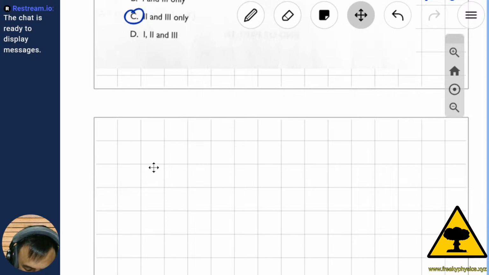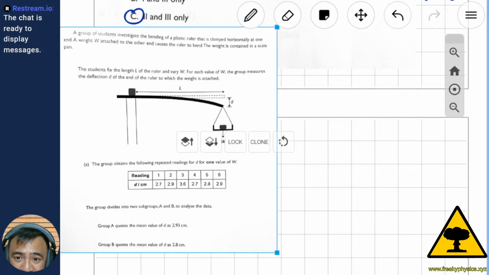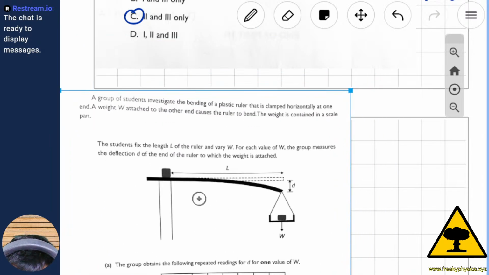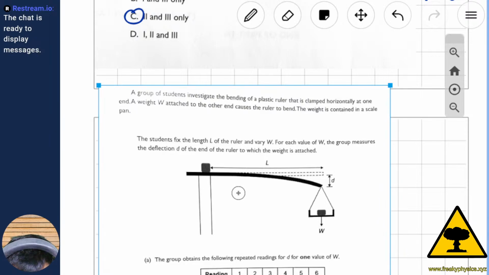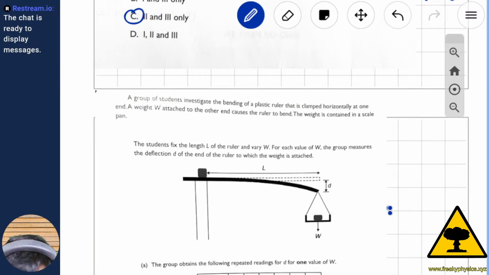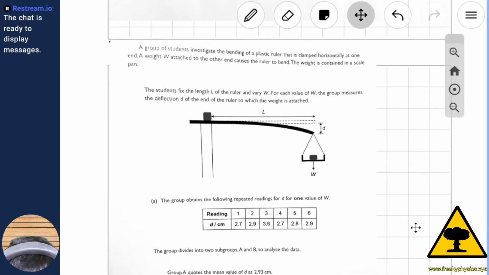So let's take a look first at the setup. You have an experiment wherein the length and the distance it goes down are being investigated, right? This is actually a really good IA if you think about it. Go to mean value.